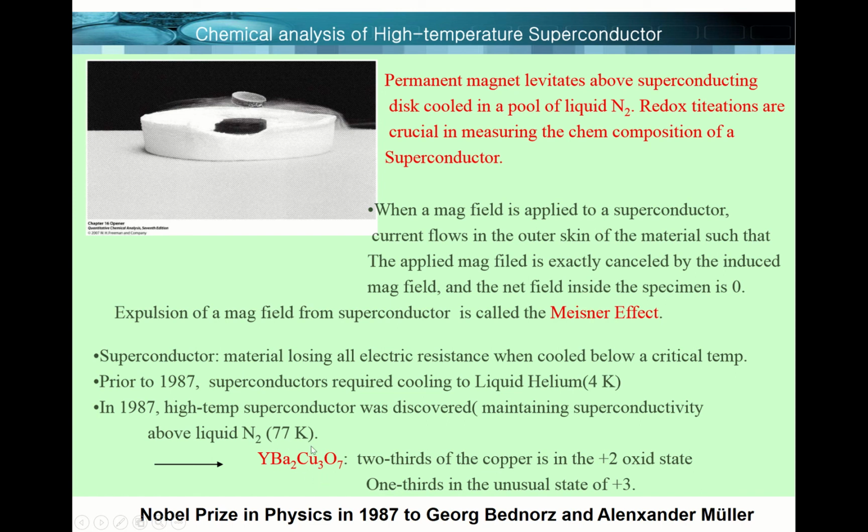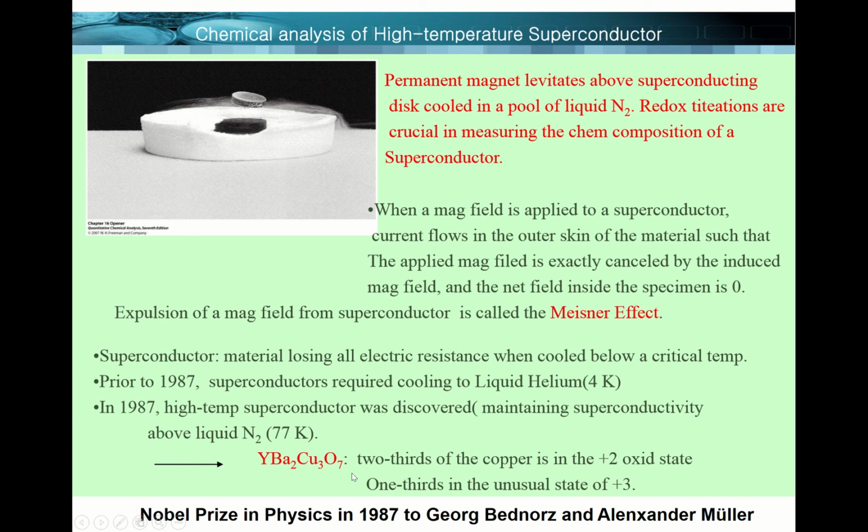It is important to determine the copper oxidation state. When the chemical composition is YBa2Cu3O7, 2/3 of copper is in the +2 state, and 1/3 is in the +3 state.